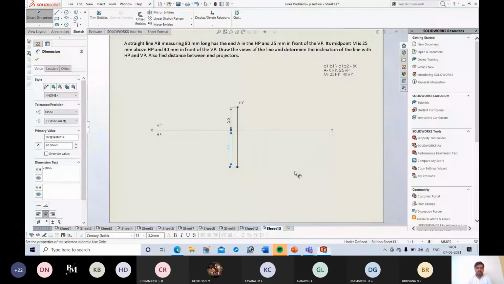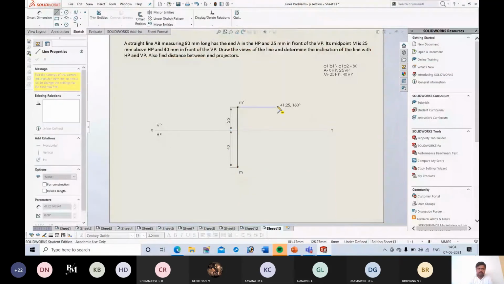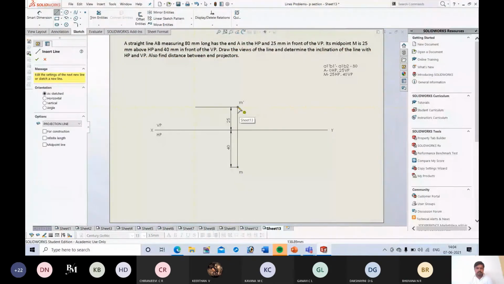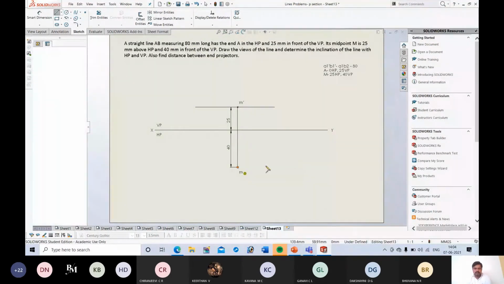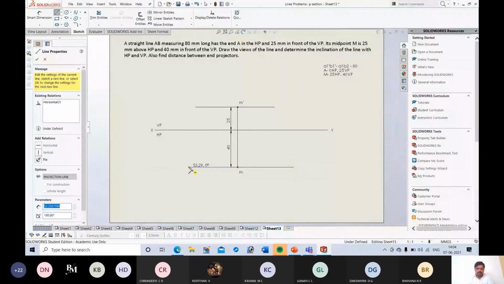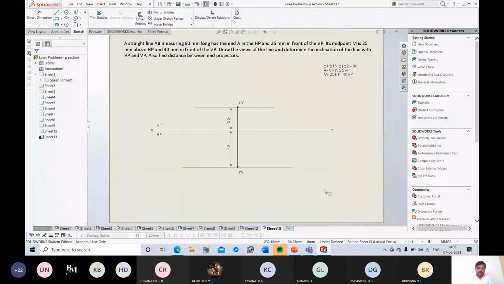So immediately after getting front and top view, I will draw locus. So it is a horizontal line. So you should draw to convenient length. After locating front and top view of midpoint and drawing its locus, then go for remaining data.